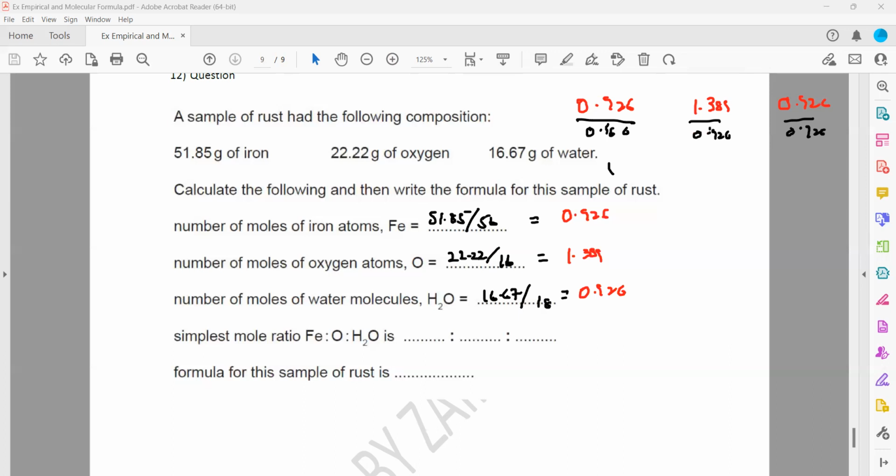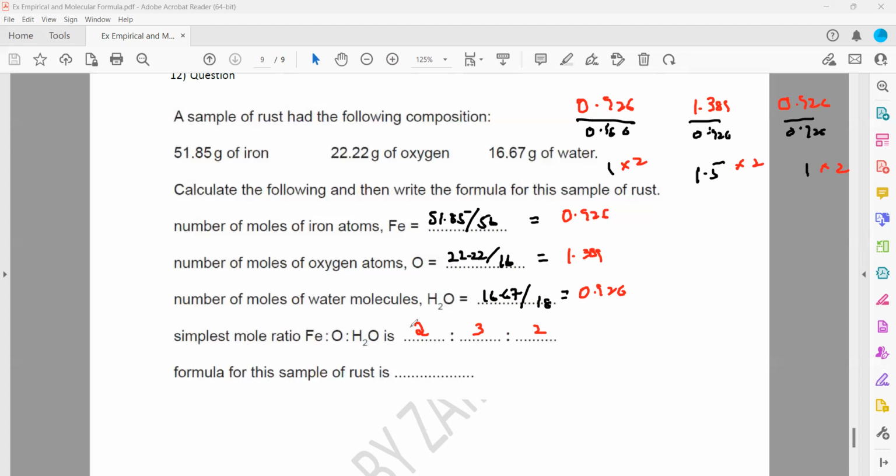This one is 1.389 divided by 0.926, which is about 1.5, and this one is 1. But the simplest ratio should be in whole numbers, so we multiply all of them by 2. So this will become iron 2, this will be 3 and this will be 2.